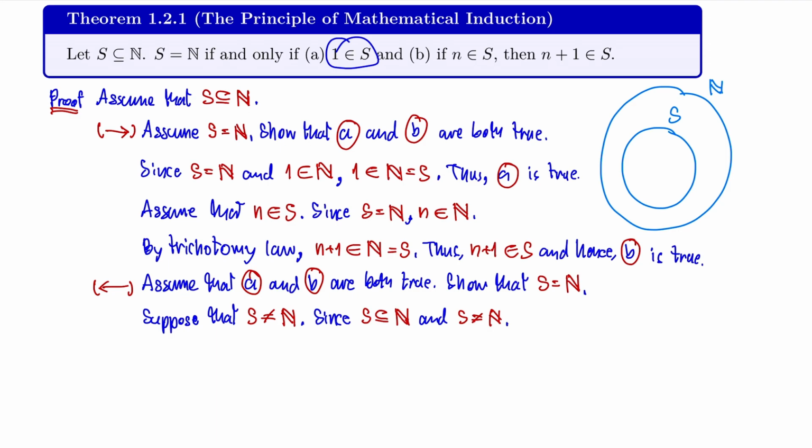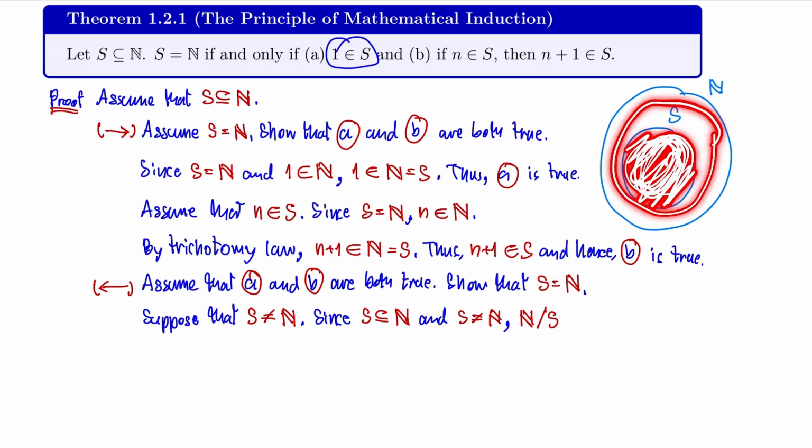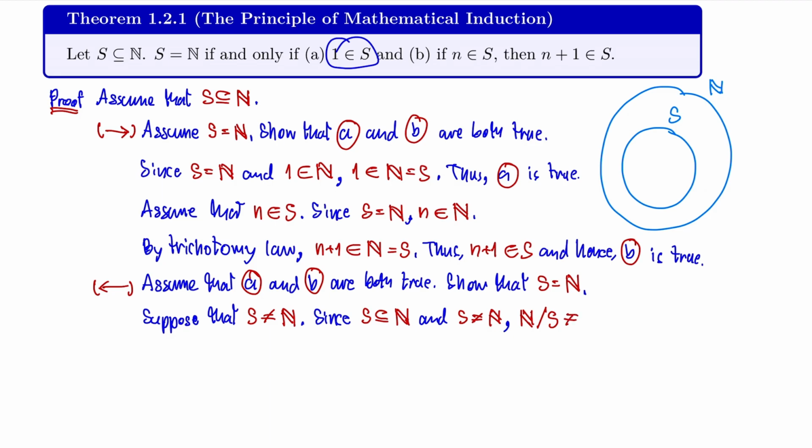So what does it mean? Okay, this means that when you exclude all the elements in set S, exclude all of it, you have elements left in set N, right?